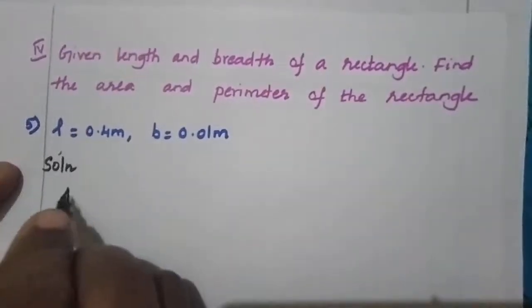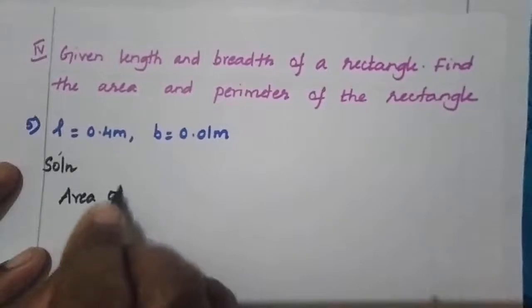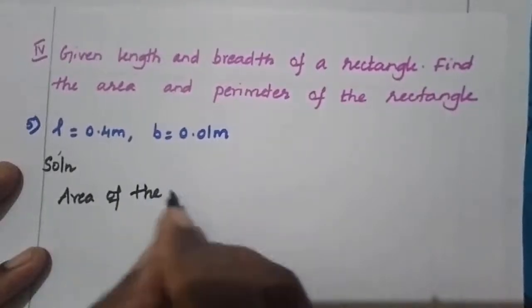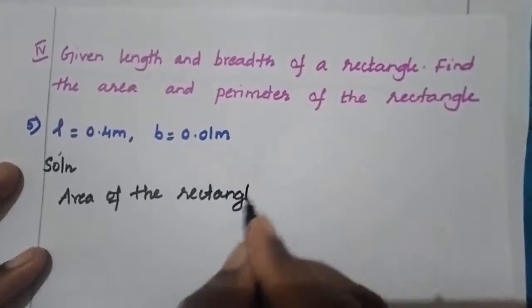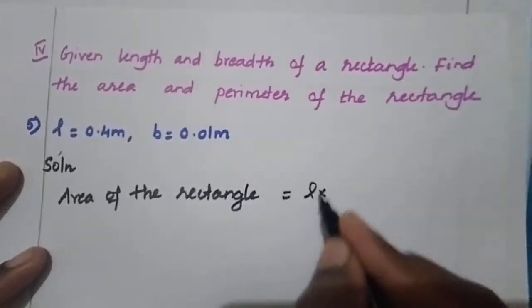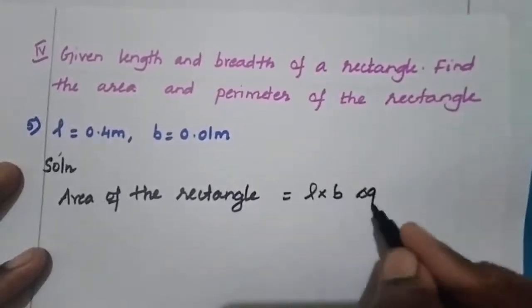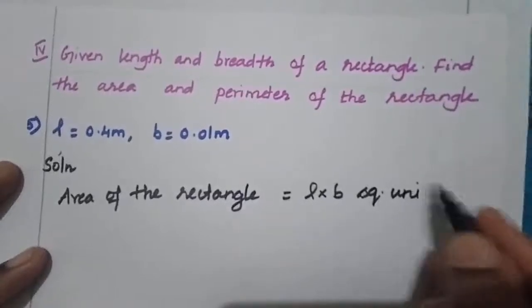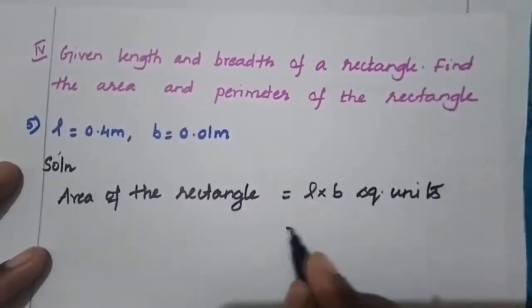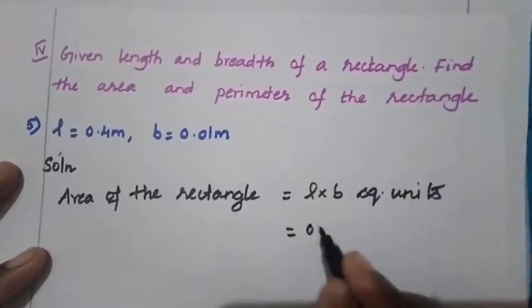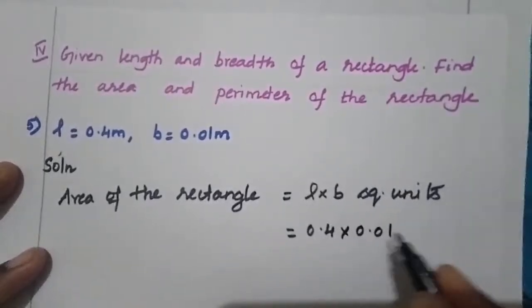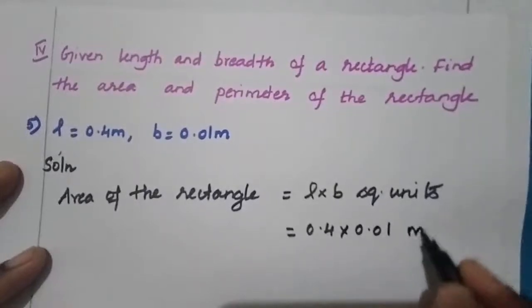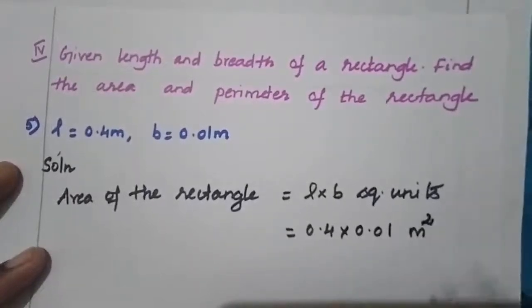What's the formula to find the area of the rectangle? Yes, area of the rectangle is equal to length into breadth square units. So your length is 0.4 and breadth is 0.01 and the unit is meter. This is a square unit, so you have to write it as meter square.